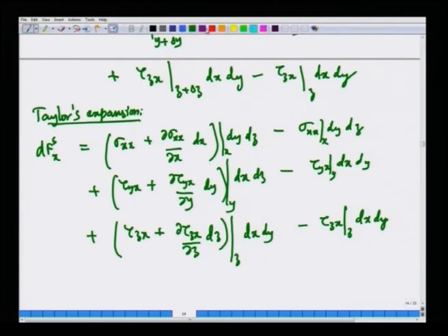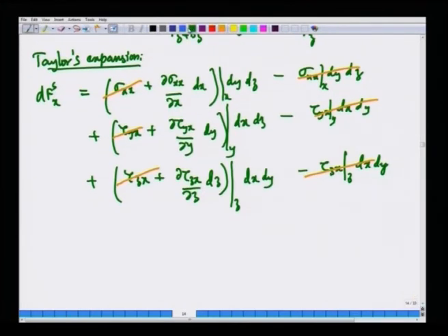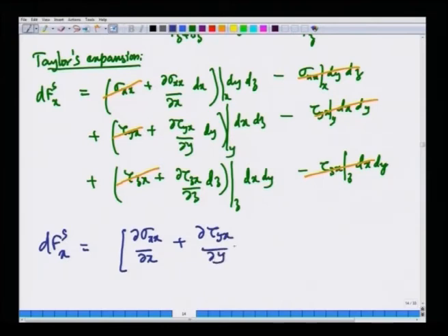So, this term will cancel, this term will cancel, this term will cancel, leaving us with essentially dF_sx is (d sigma_xx/dx plus d tau_yx/dy plus d tau_zx/dz) times dx dy dz.